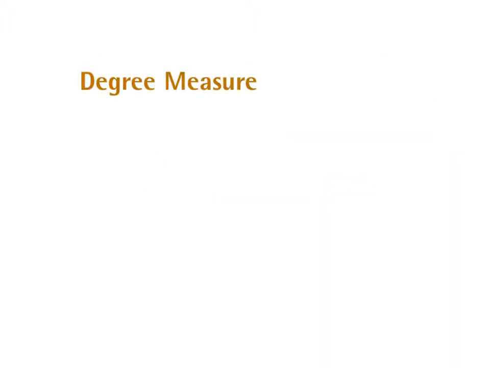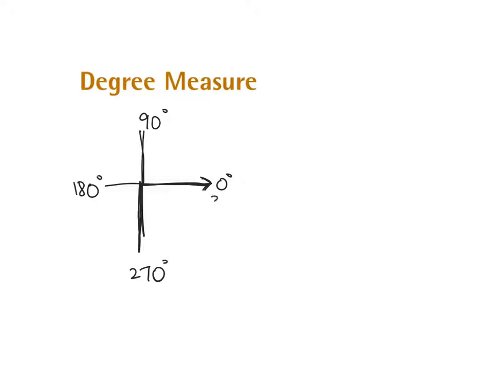In degree measure, there are some important angles that we want to remember. Here's standard position. So here's 0 degrees, then we go up to 90 degrees if we're rotating. This is 180 degrees, and do you remember what this last one is going to be? It's 270 degrees. And then again, we go to 360, and we would keep adding 90.